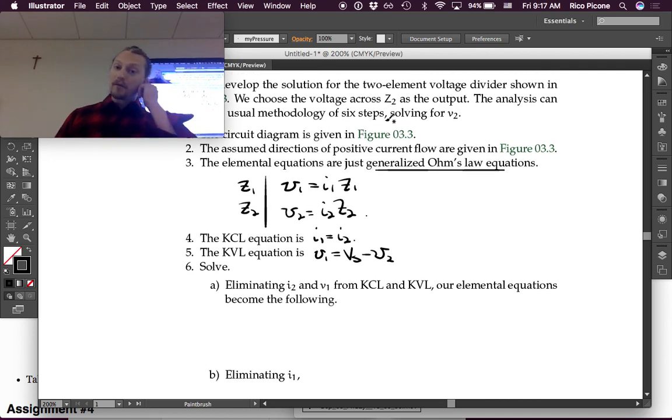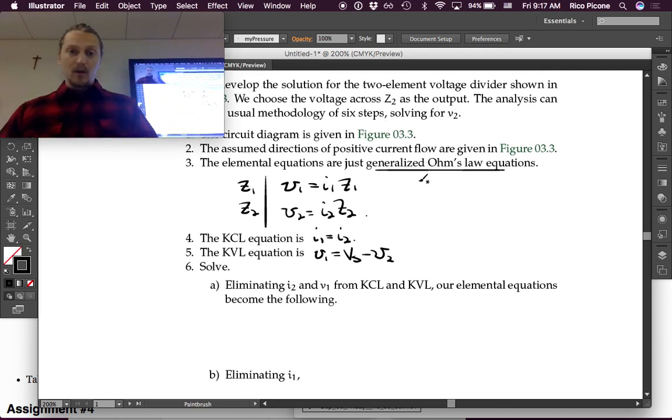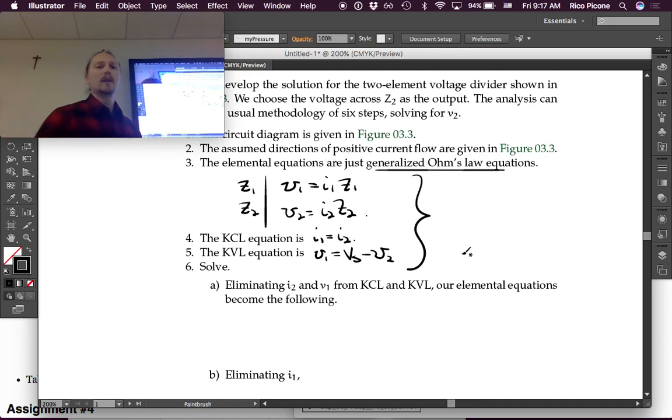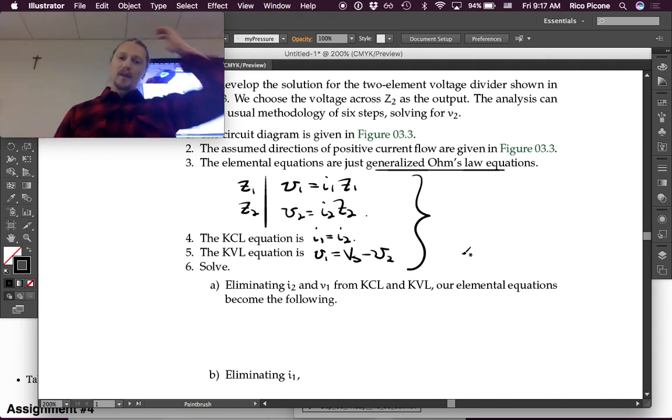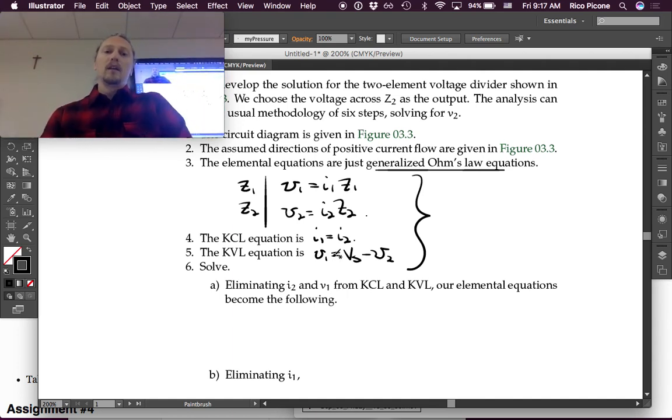So we've got 4 equations, and we want to solve for V2. Let's eliminate I2 and V1 using the KCL and KVL equations. We rewrite our table, Z1, Z2.